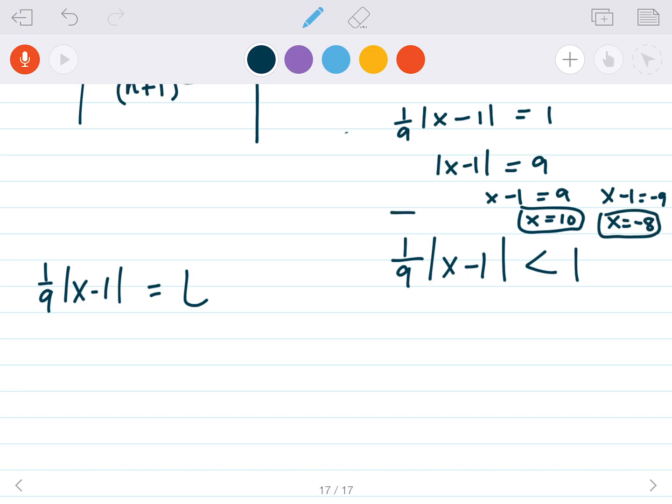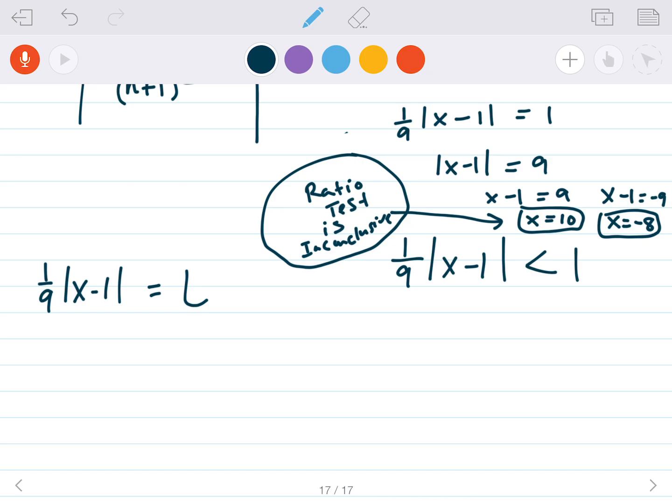This is where the ratio test is inconclusive, and that's why we're going to have to do some extra work here. Now, when we were just looking for the radius, we didn't have to do any of this, because by definition, the radius is just the distance from the center of the power series to either endpoint. So we didn't have to do any of this endpoints business.